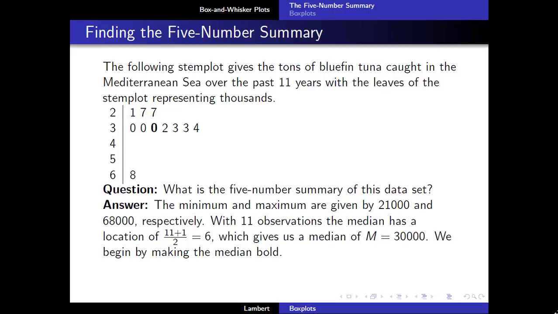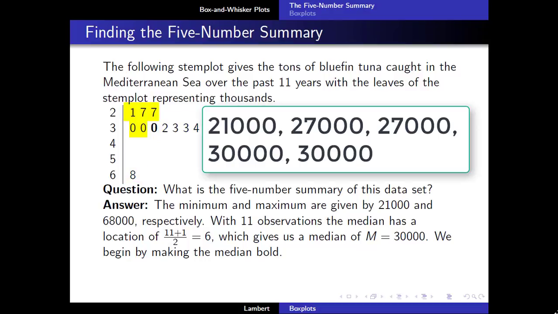Now for our first and third quartile, if you recall, we look at the numbers to the left of the median for the first quartile and the numbers to the right of the median for the third quartile. So the numbers of the first quartile are 21,000, 27,000, 27,000, 30,000, and 30,000. With those five values, we basically use the median formula.